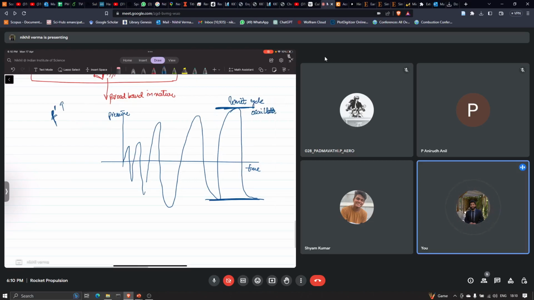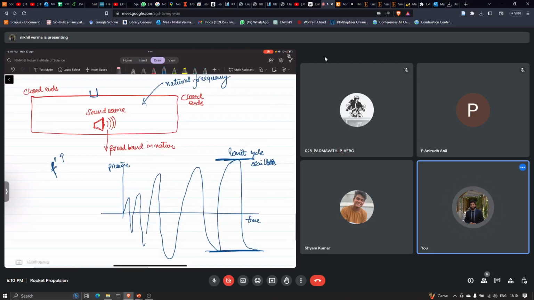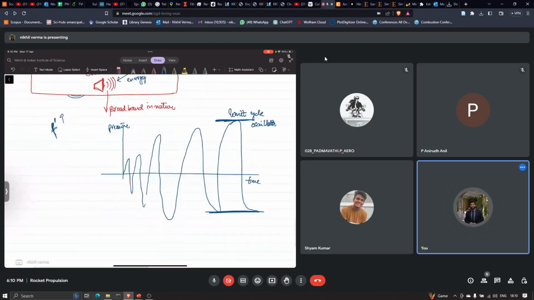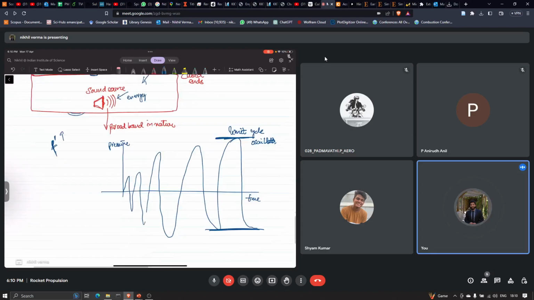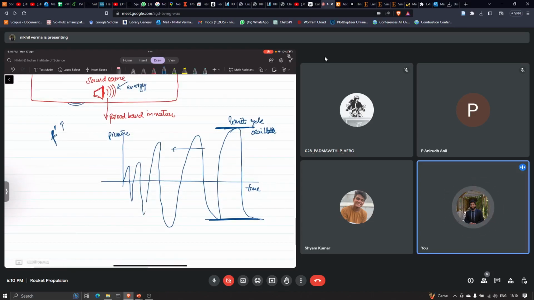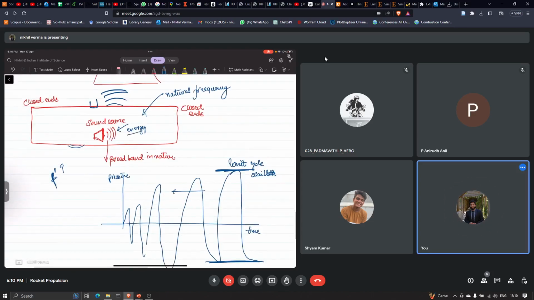Okay, so at this point, the energy that the flame is putting into the combustion chamber is getting reflected by the outer surface. So we have an energy balance at this point, and below that, the energy from the sound source is greater than what is lost from the walls.